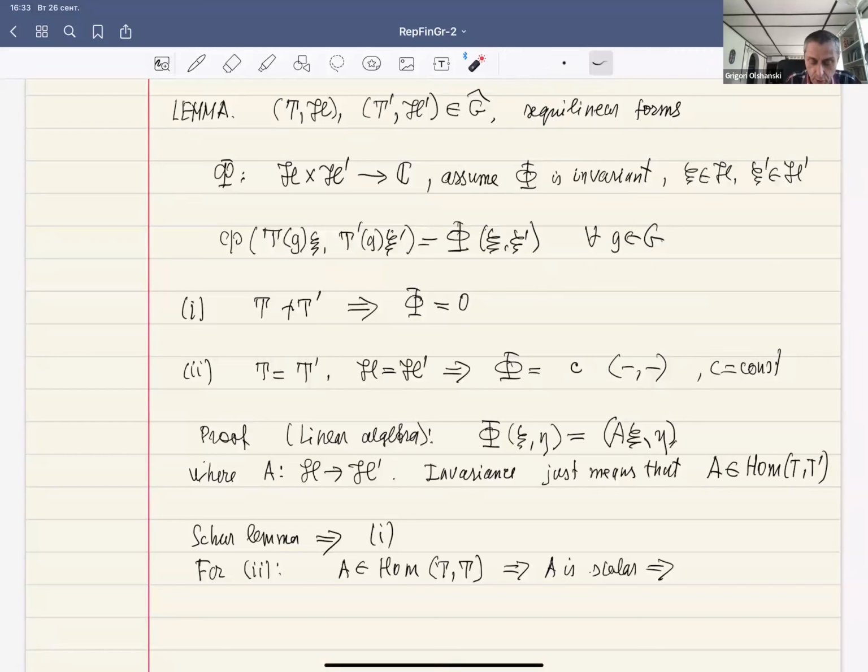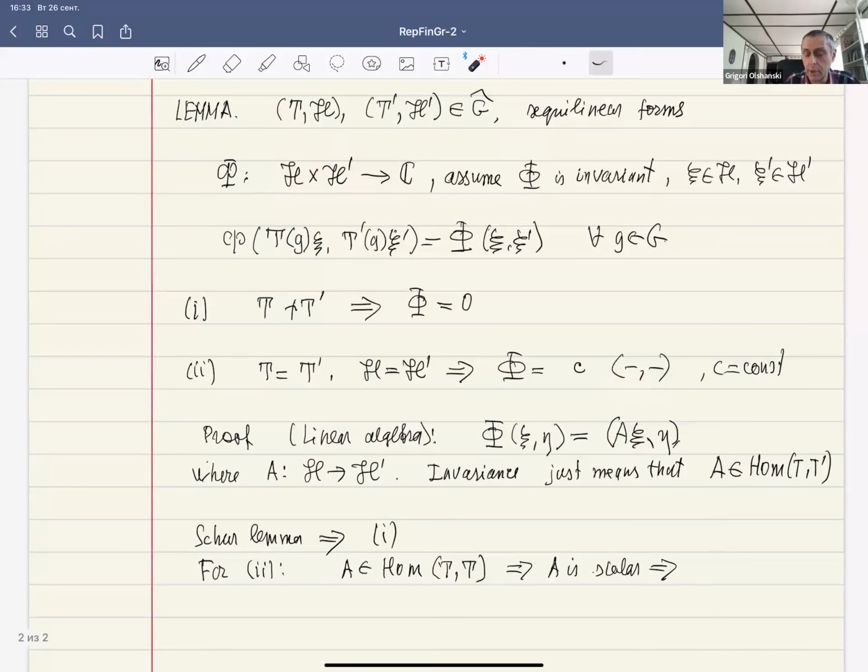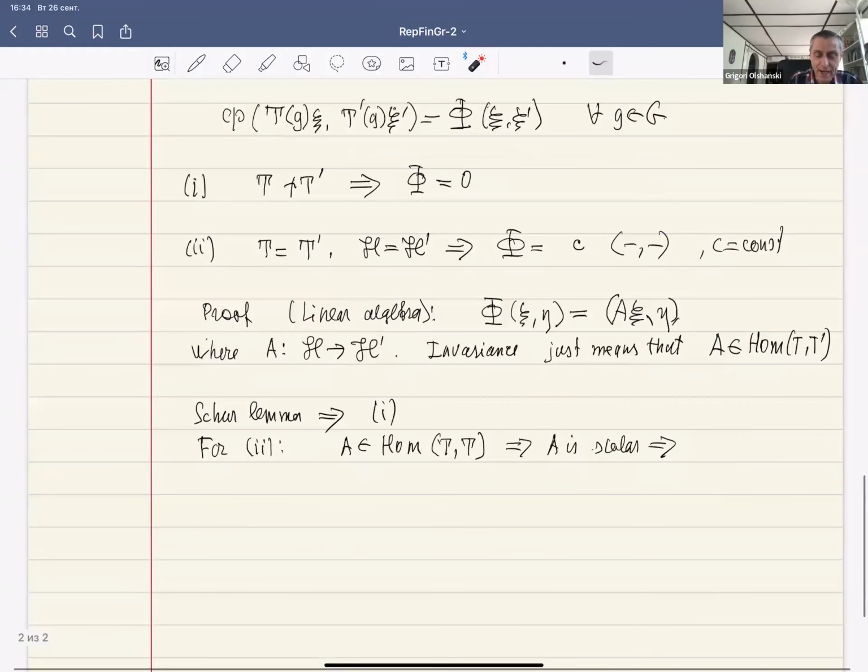This is a map which is linear with respect to one variable and antilinear with respect to another variable, just as a scalar product. Okay? Thank you. Okay, well. So please ask questions. No problem.